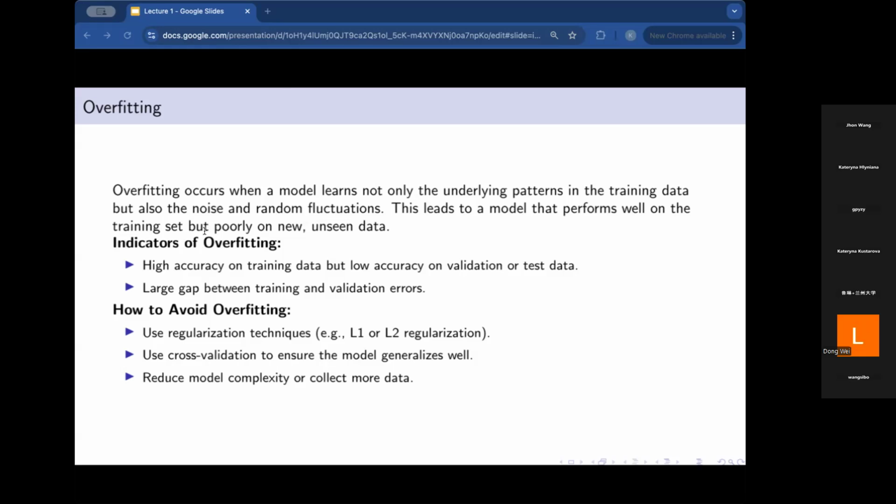Another effective approach is to reduce the model complexity or collect more training data, which helps ensure that the model doesn't learn specific details that are only relevant to the training data set.